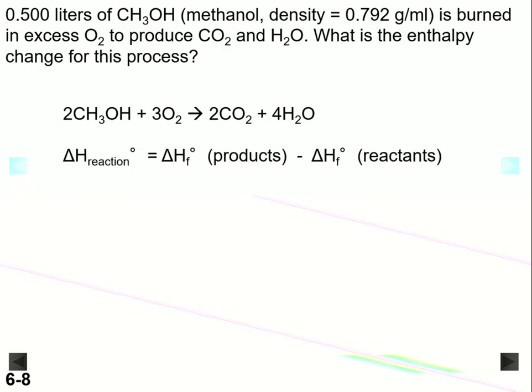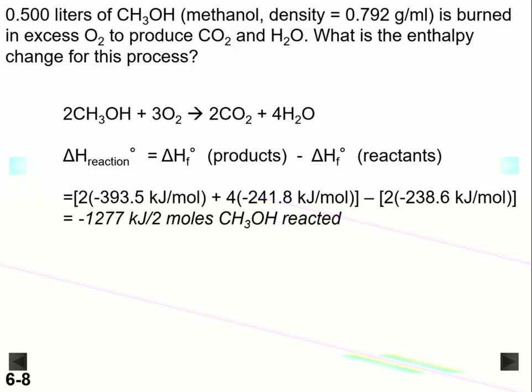We need the standard enthalpy for a reaction to begin working on this. So the standard enthalpy of reaction is the standard enthalpy of the products minus the standard enthalpy of the reactants, as written for this stoichiometric form. So we'll write this out. We see 2 times the enthalpy of formation of carbon dioxide plus 4 times the enthalpy of formation of water vapor.